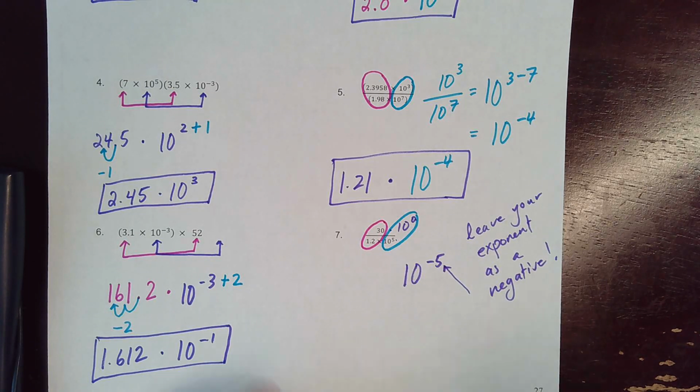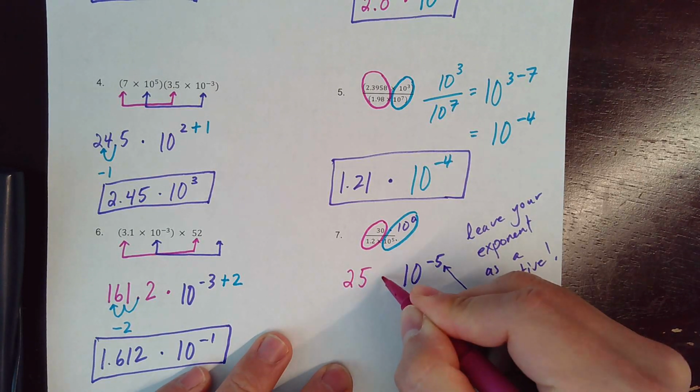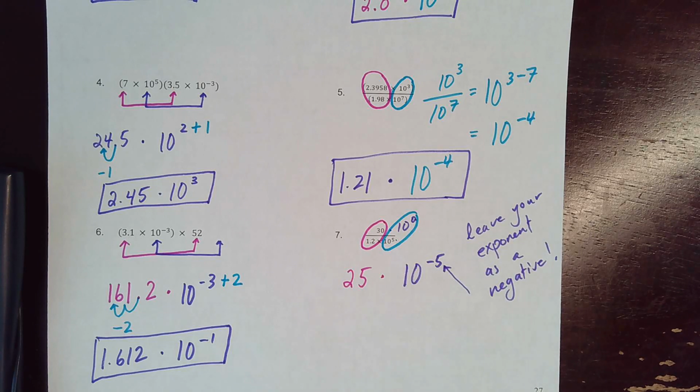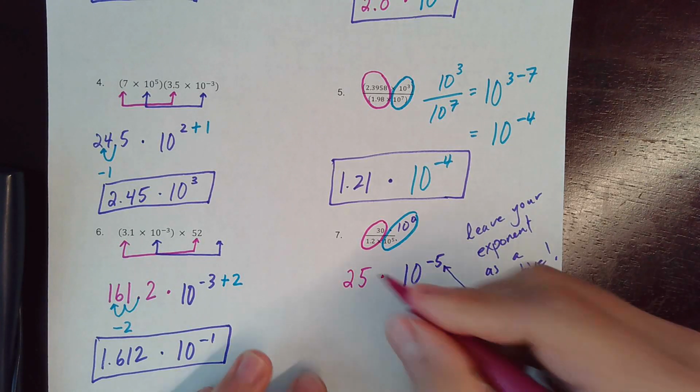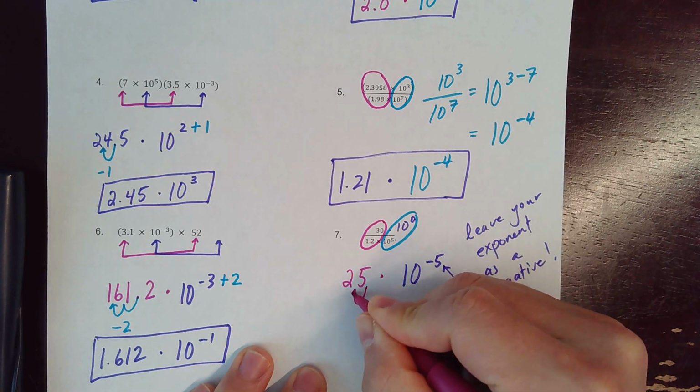Okay, the next thing we do is 30 divided by 1.2. And now you get 25 for that. Now it goes back to this process. Is that the final answer, class? All right, we're noticing the 25 is not going to be the final answer. So we're going to have to move the decimal place one spot.